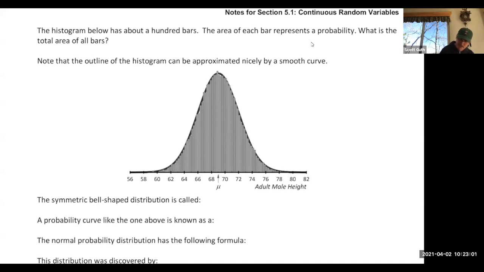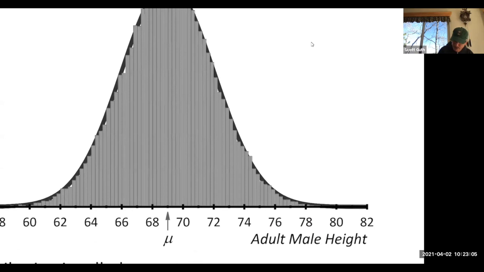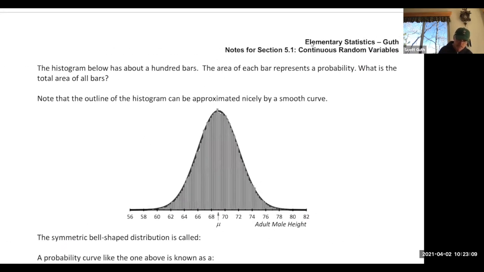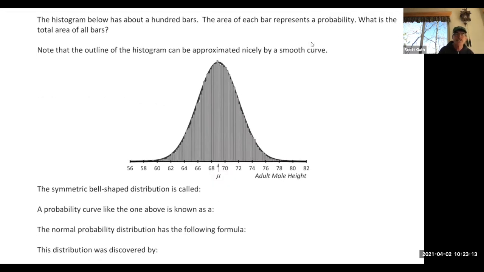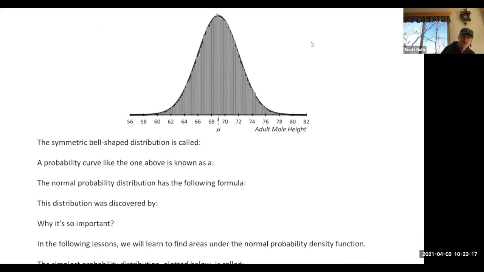But behind the distribution, I actually did put in a little black curve there that represents what's called a normal distribution, which is the classic bell curve. Okay, so it's represented nicely by a smooth curve. So the symmetric bell-shaped distribution is called a normal distribution.